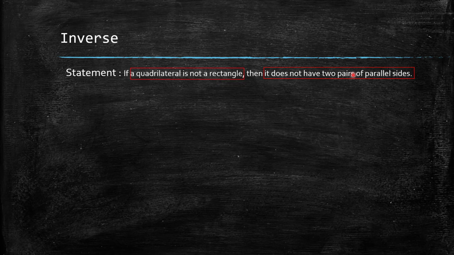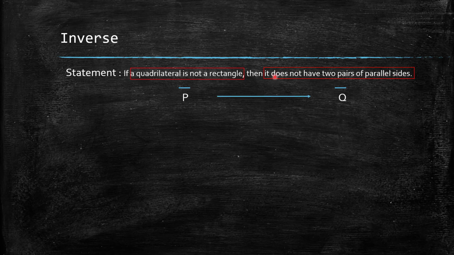This is actually P bar, because there is a not over here. We already talked about the negation proposition in my previous videos. And this becomes our Q bar as well, because there is a not over here: it does not have two pairs of parallel sides.